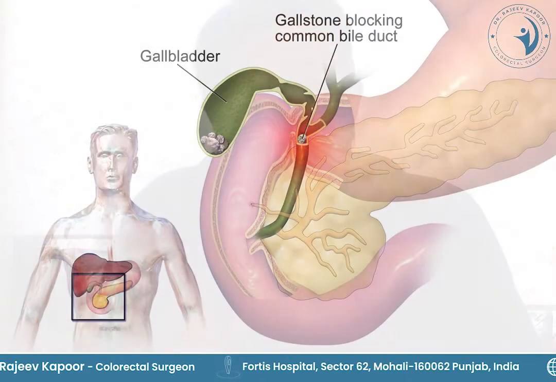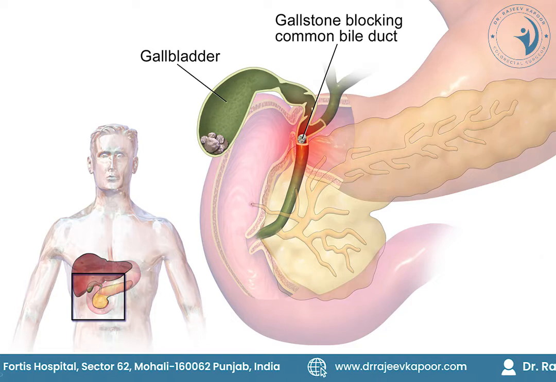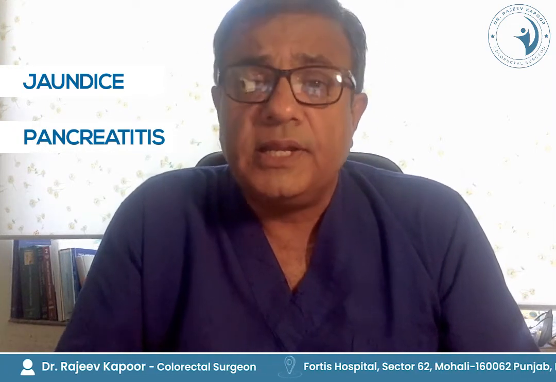These stones can move on to the drainage pipes of the gallbladder and can block those ducts, so the patient may present with jaundice. Patients might get pancreatitis, and very rarely these stones can actually erode into the surrounding intestine and cause obstruction of the intestine.